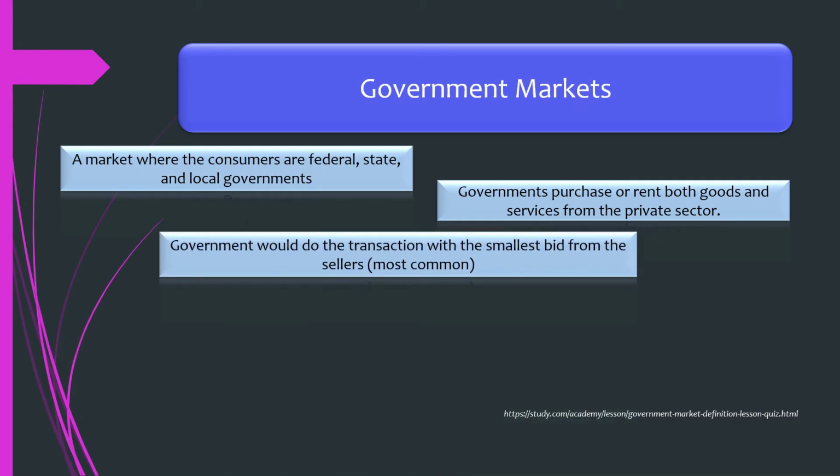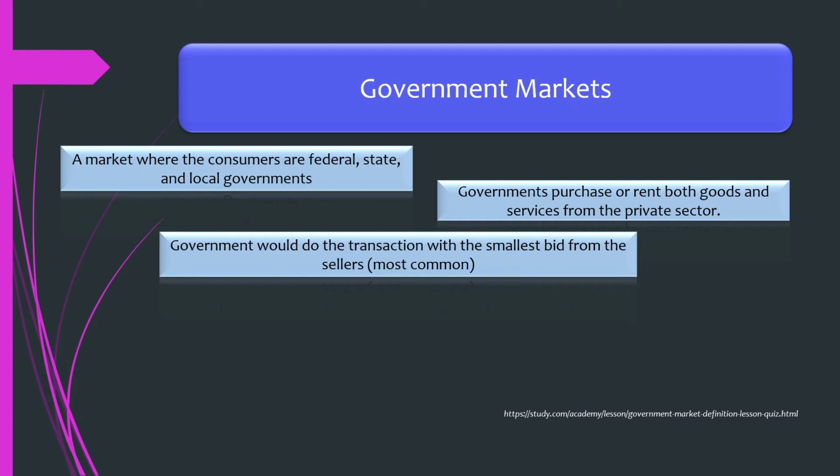And then the government will do the transaction with the smallest bid from the sellers, which is most common. What I mean is like this. Usually, let's say the government will make an announcement, or the government will try to find goods, and then some of the sellers will come to the government.